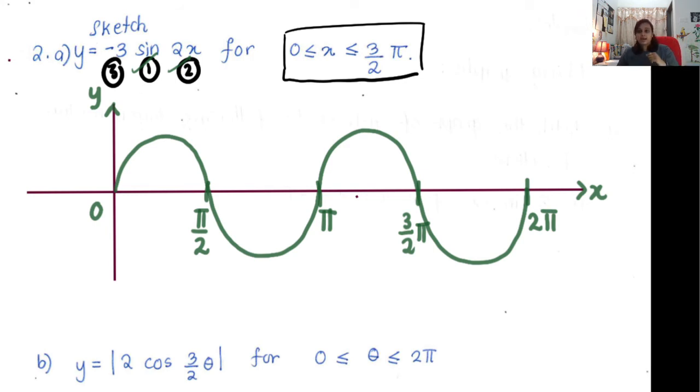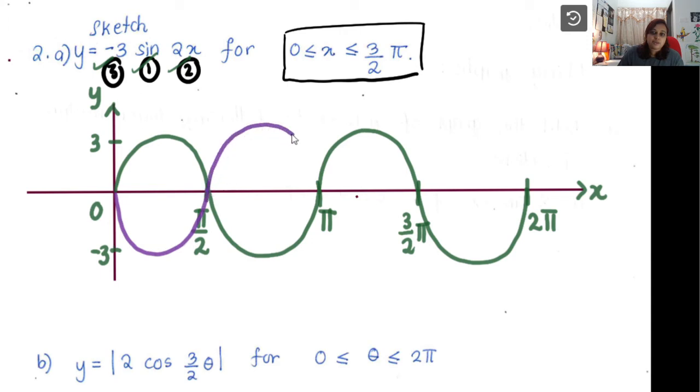Okay, done. Then third step, draw -3. So it looks like the height is 3, -3. But it's not a positive 3, it's a negative. So that means your graph is not starting from the top. Your graph is starting from the bottom like this.